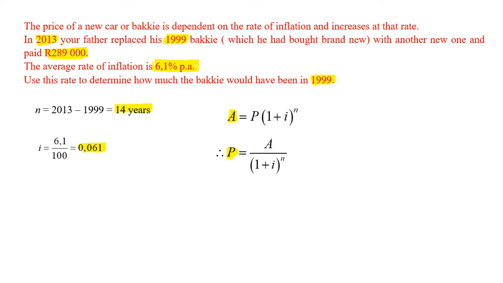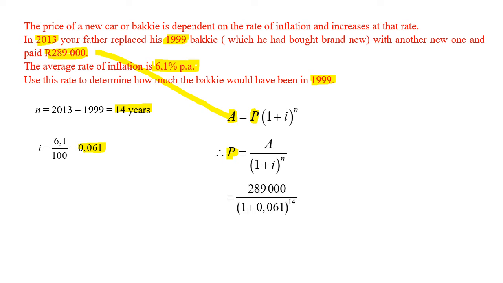In this case, the amount for the 2013 bakkie was 289,000. I need to know how much did the bakkie cost in the past, meaning what is the original amount. Like I said, the wording is not 100% understandable, but you get to grips with what I am talking about. What I need to do here now is to calculate the value for P.